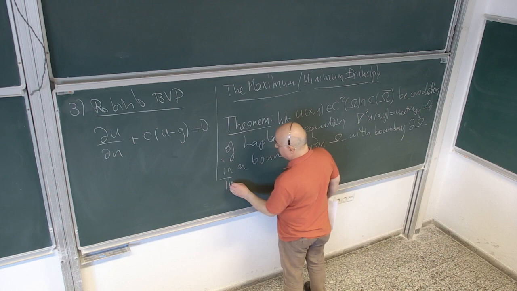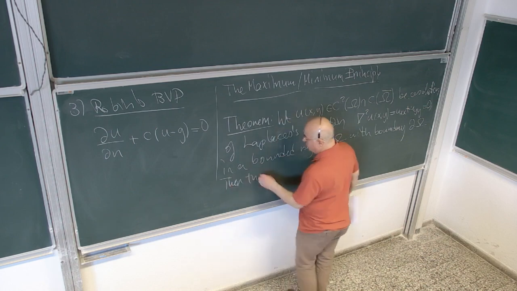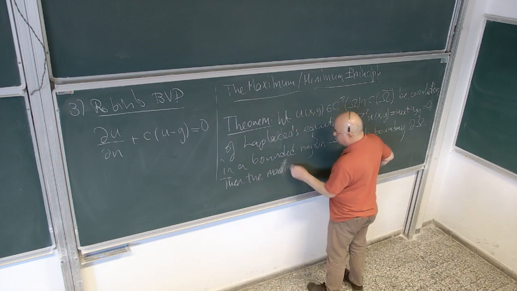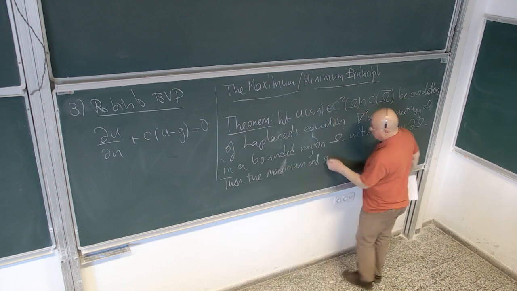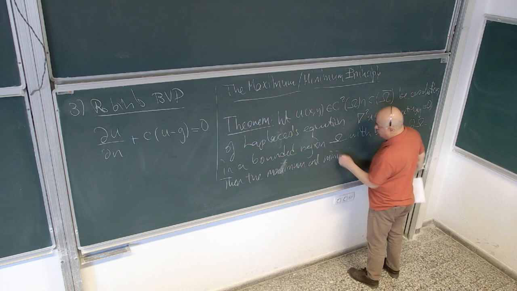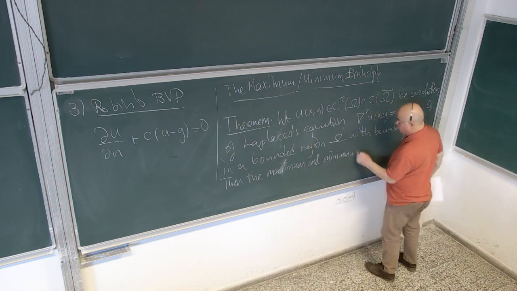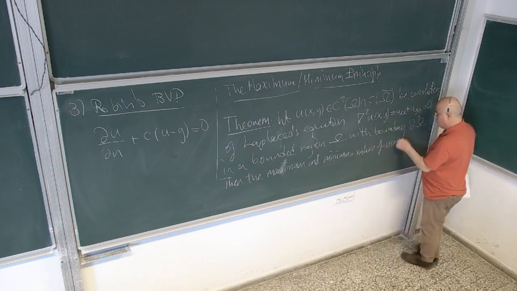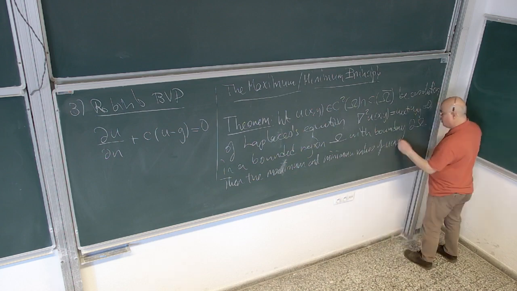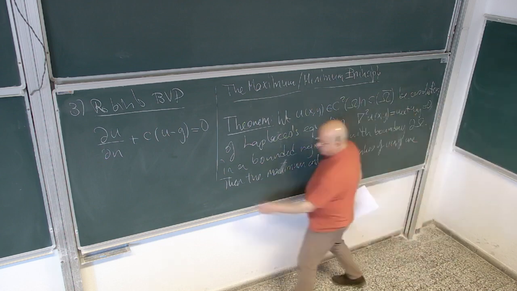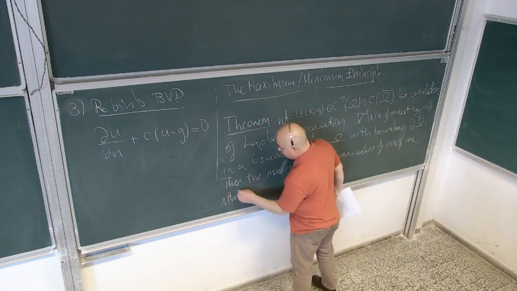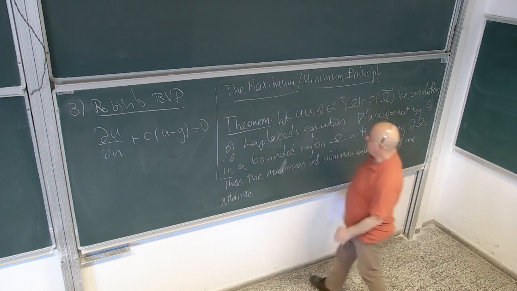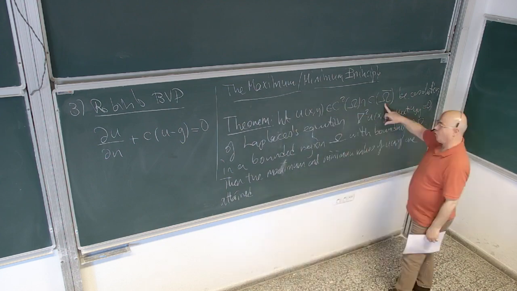Then the maximum and minimum values of u(x,y) are attained, since it's a continuous function on a closed and bounded, compact region.